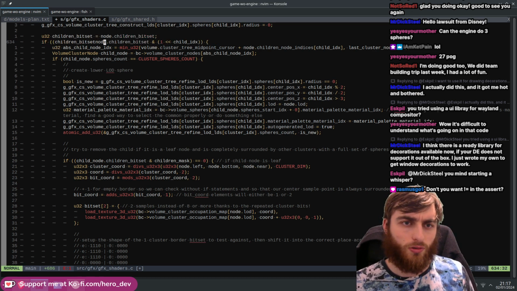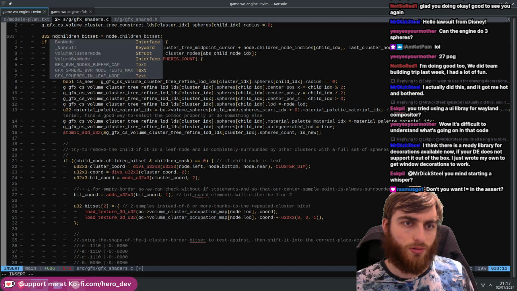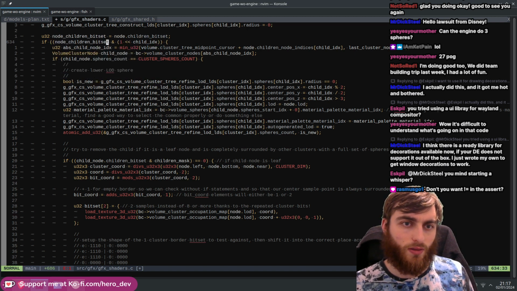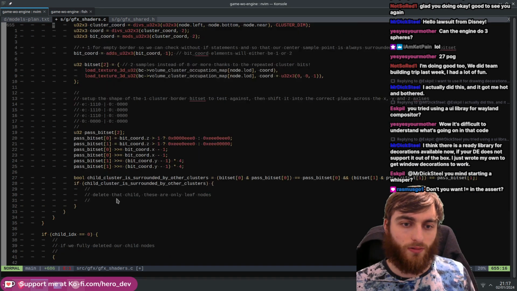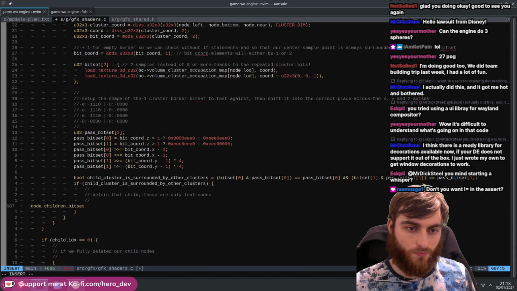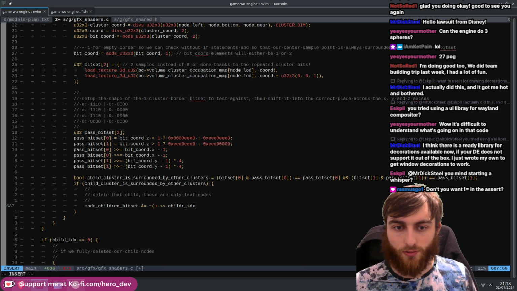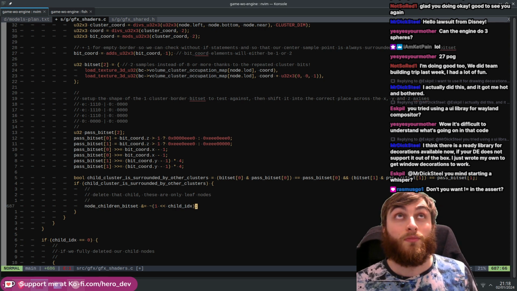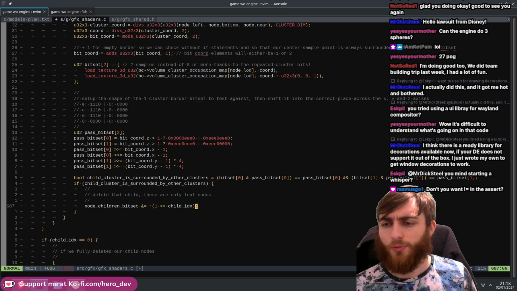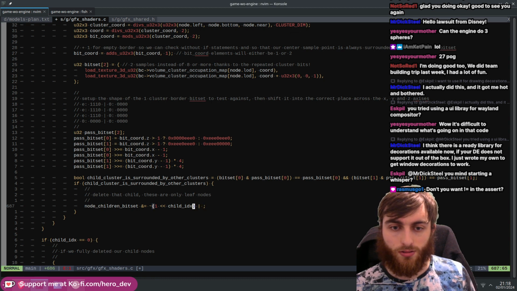So I think what you could do is mutate this. So here you're just going to delete it. The not of one shift left child index. You probably want to get rid of the one from the visit bit as well.